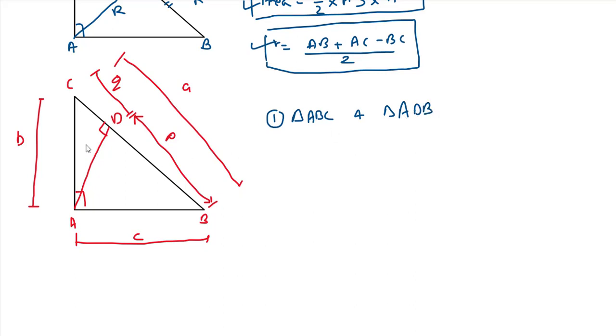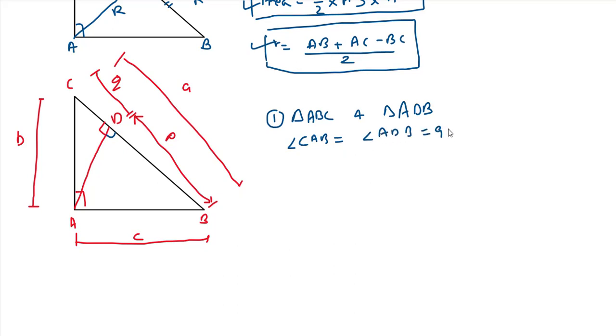ADB. Remember, since this angle is 90 degree, so this angle will also be 90 degree. So in the bigger triangle, we see that angle CAB is 90 degree, and in the next bigger triangle, angle ADB is also 90 degree. So these two angles are equal. So angle CAB is equal to angle ADB.